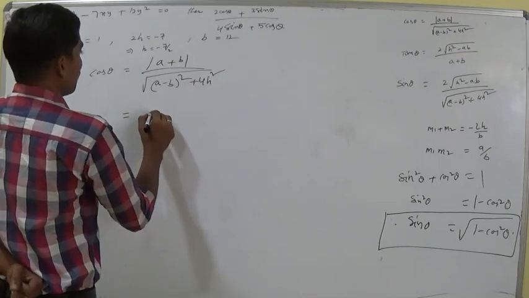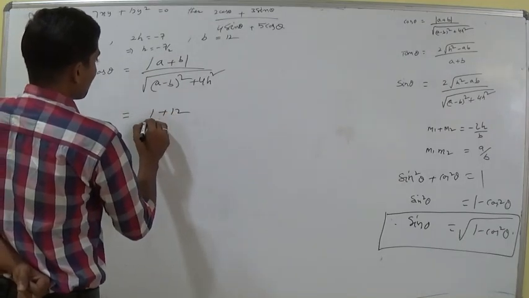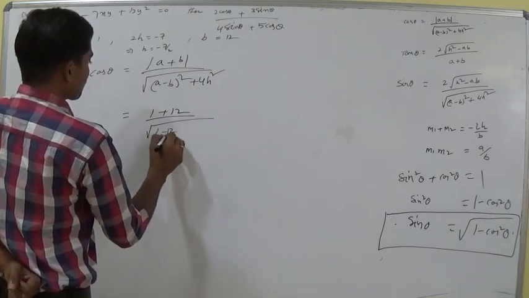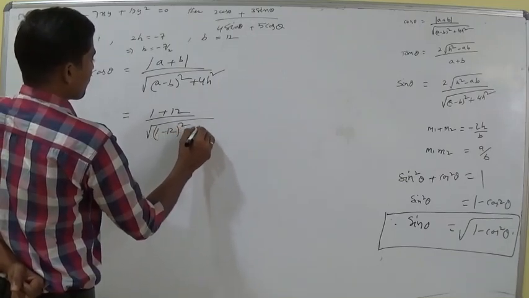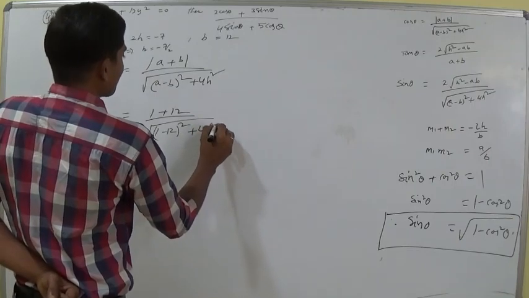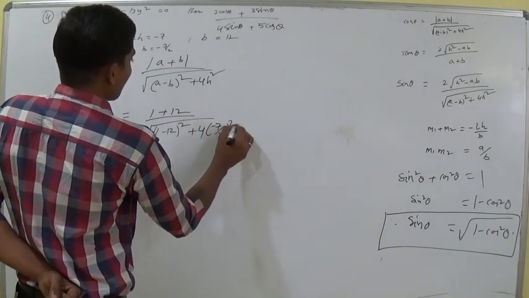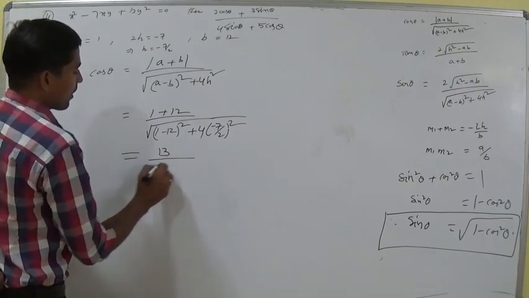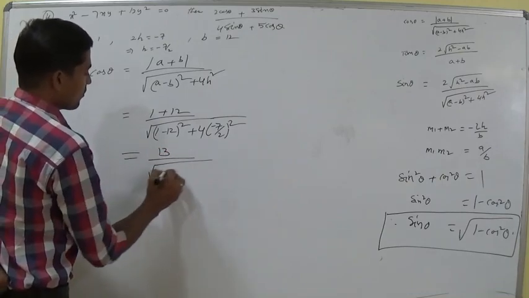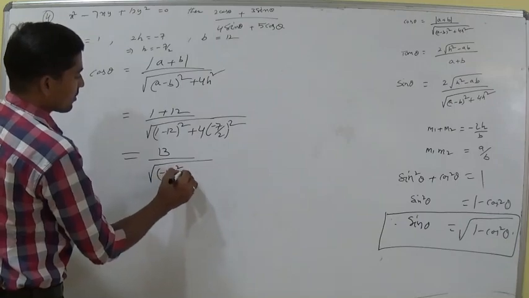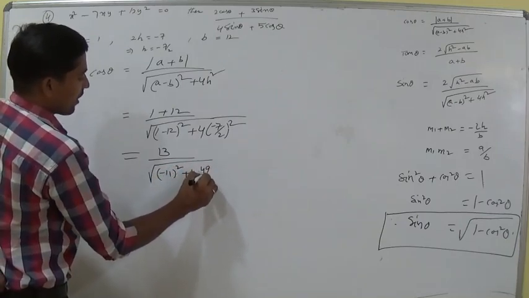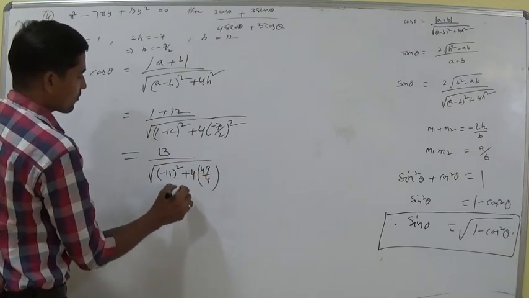So 1 plus 12 by square root of 1 minus 12 whole square plus 4 into minus 7 by 2 whole square, which is equal to 13 by square root of minus 11 whole square plus 4 into 49 by 4.